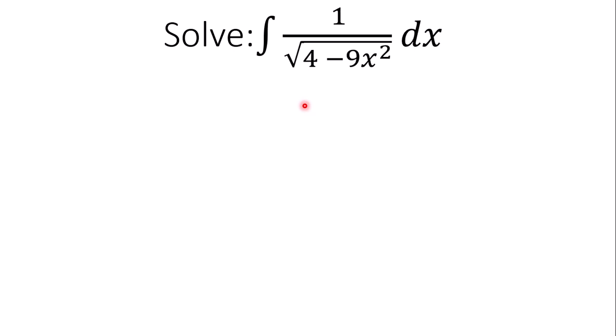You can try other approaches if you can use any of them to solve this problem. But in this video, I'm going to use the trig substitution approach. So let's get started without wasting much time.